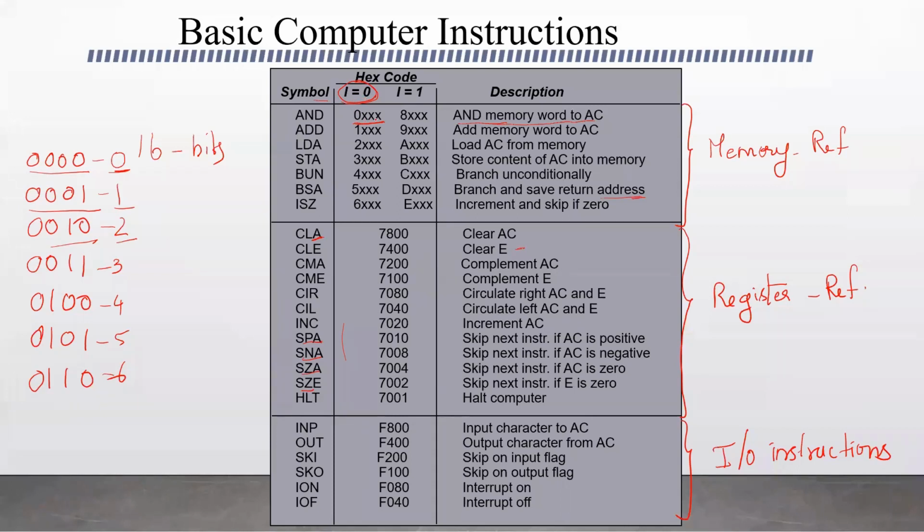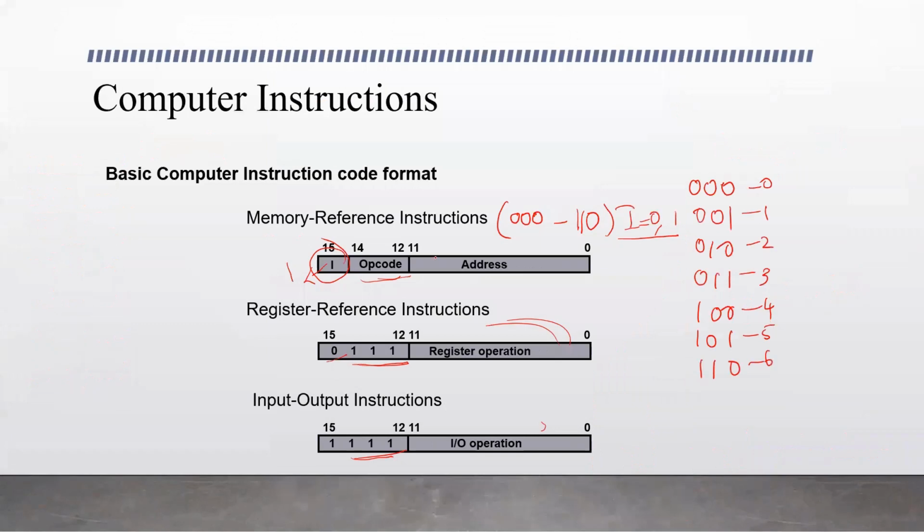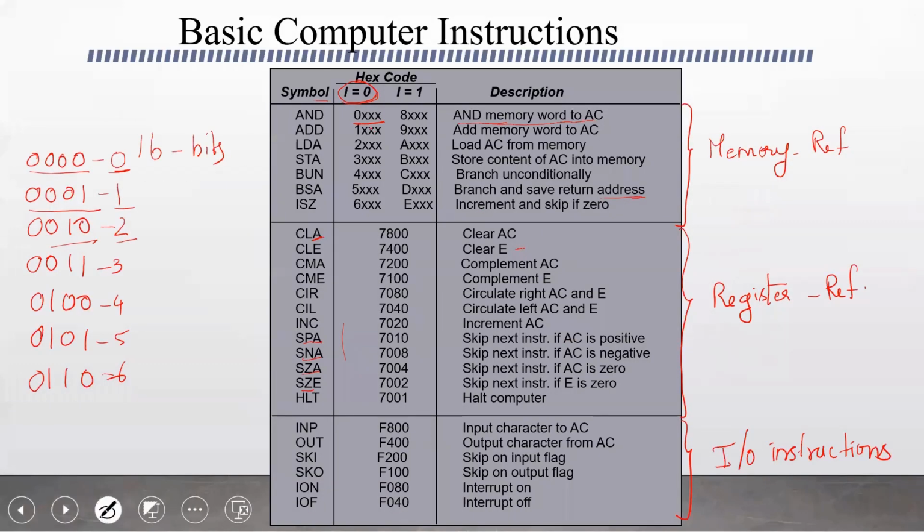And the other 3 digits represent the address, right? Means the 3 digits in hexadecimal, that is the 12 bits in our instruction code. These 12 bits are represented in our instruction here as XXX, some 3 hexadecimal digits.